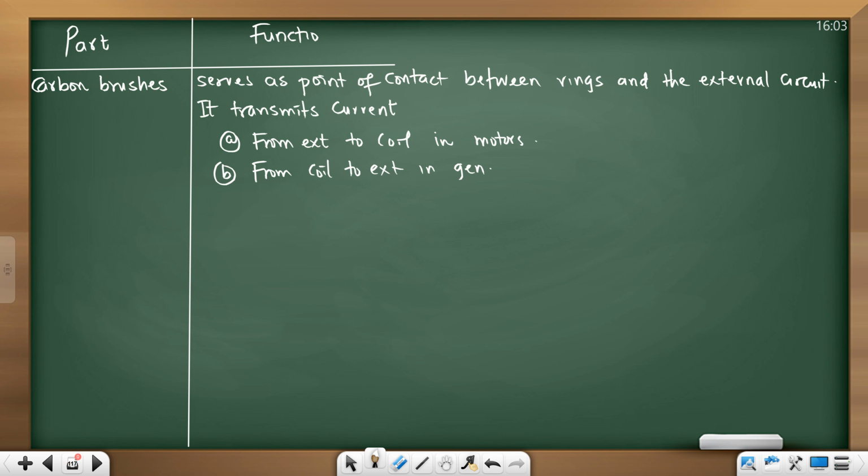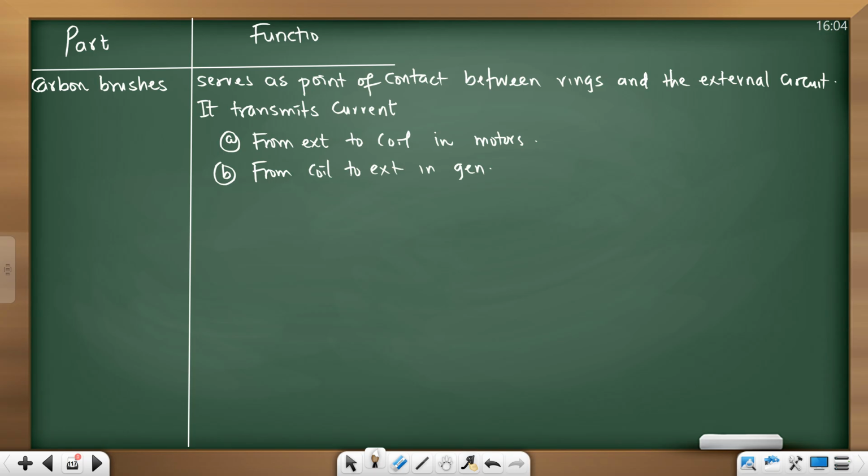From external to coil in a motor, because we are supplying the whole system with power, so it passes through the carbon brushes. But in the generator we are producing, so it's moving from the coil to the external what? Circuit.